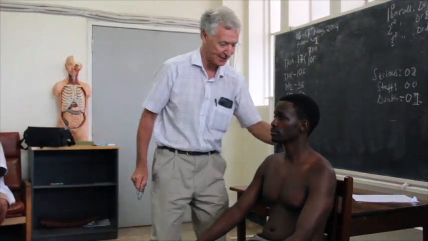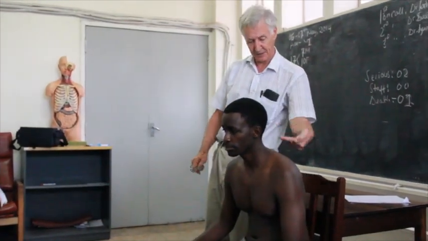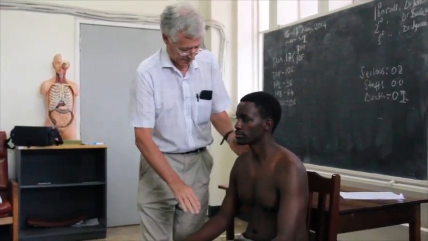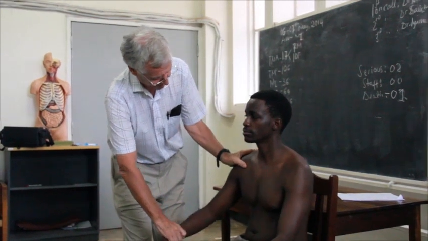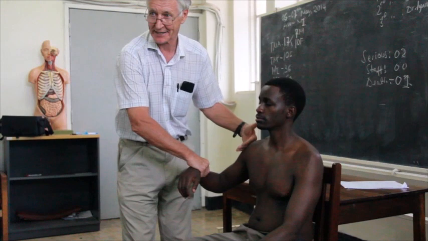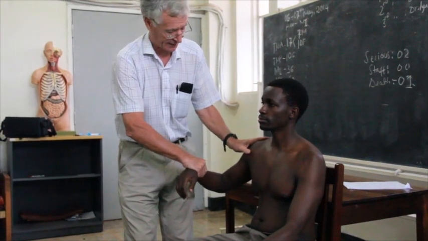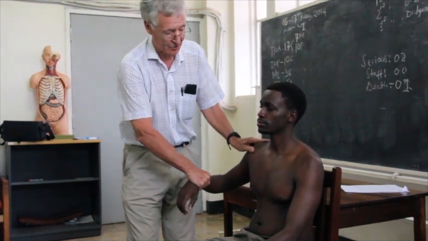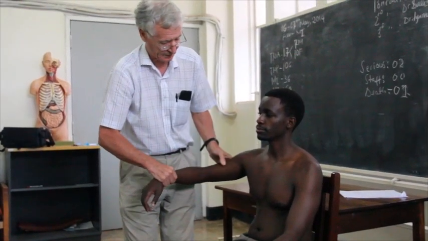You look from behind and from the side. Then you palpate. And now you're interested, is there any local heat, any tenderness, and any abnormality on movement, all the time looking at the patient's face.